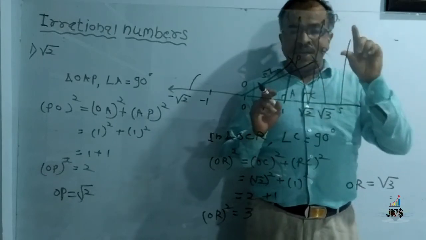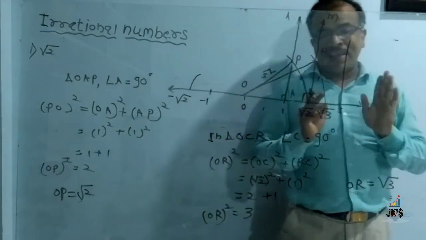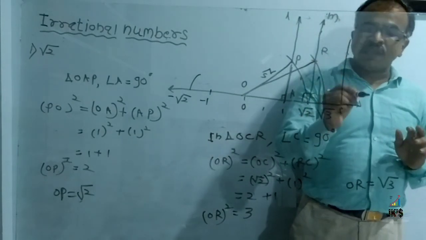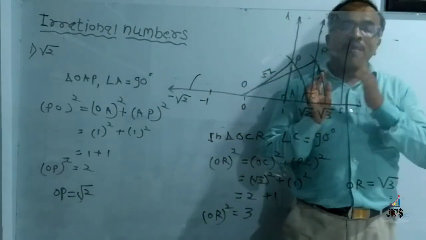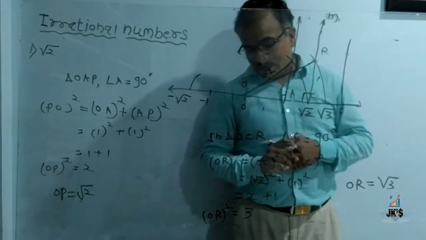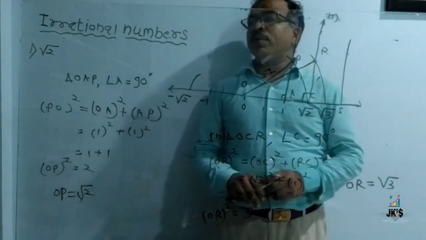By taking the square root, 5, when we draw the arc, that is obviously root 5. In this way, this chapter on rational and irrational numbers is over. Thank you.